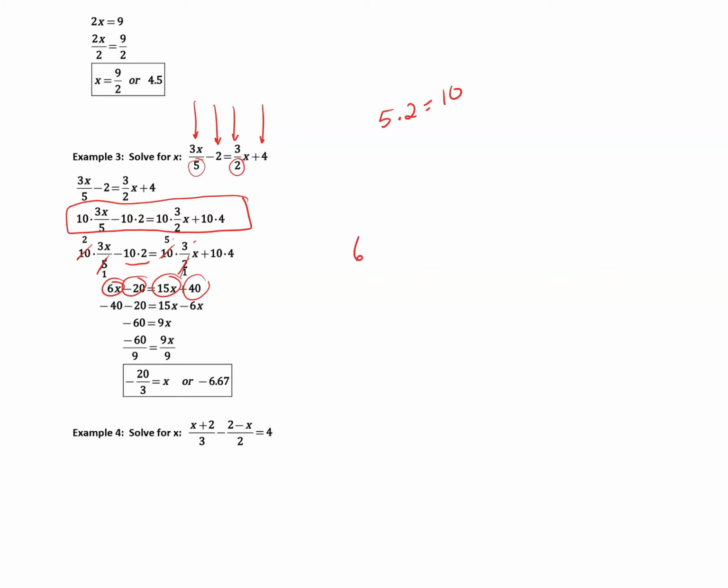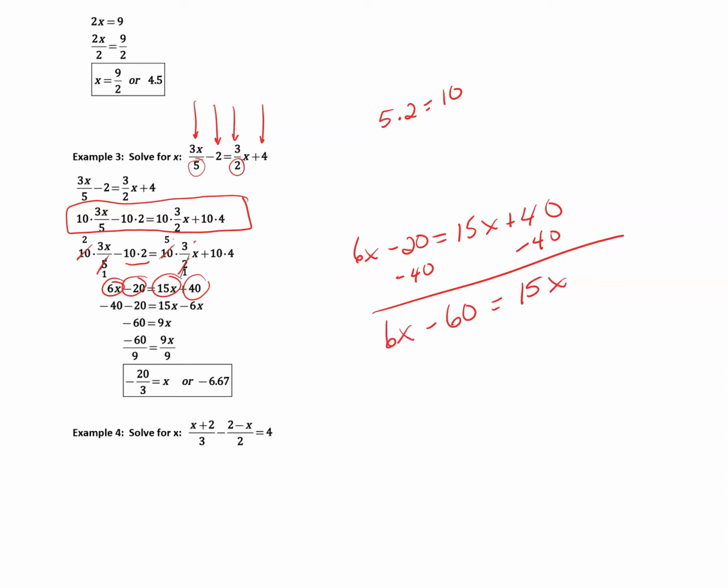So I have 6x minus 20 equals 15x plus 40. So what I'm going to do now is subtract 40 from both sides. So I get 6x minus 60 equals 15x, and I will subtract 6x from both sides.